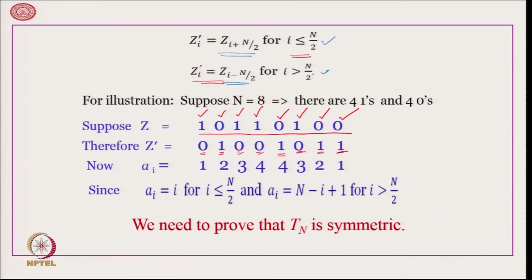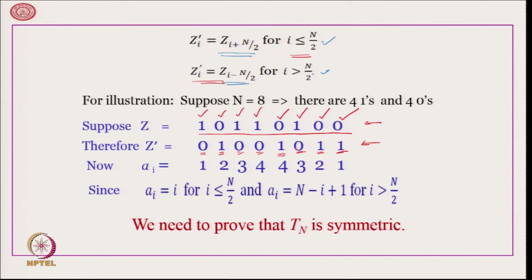So, like that, corresponding to each z, we can construct an appropriate z prime, and notice that this also belongs to the same set of vectors with 4 ones and 4 zeros.